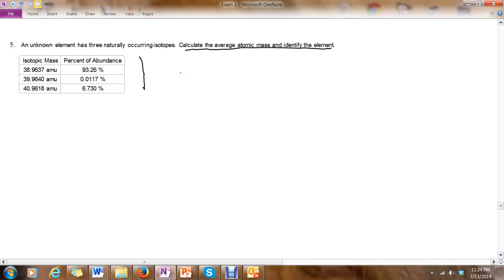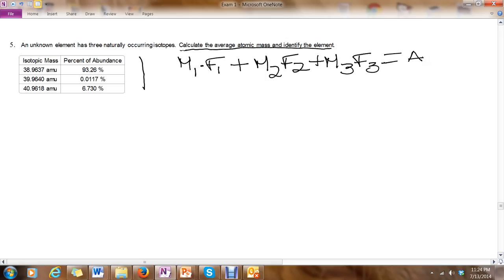What you need to do is remember the formula: the mass of isotope 1 multiplied by its fraction, plus the mass of isotope 2 times its fraction, plus the mass of isotope 3 multiplied by its fraction, equals the average mass.